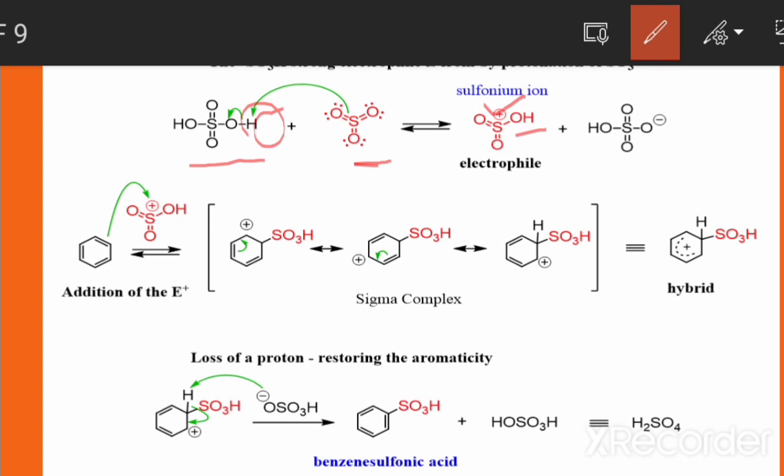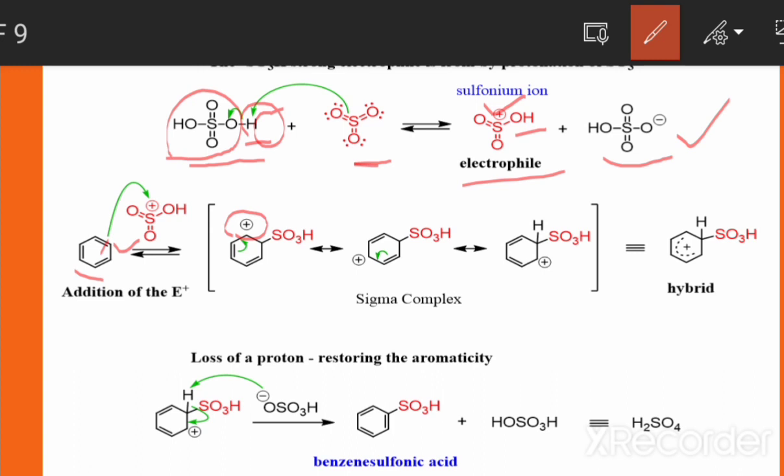When the proton leaves this compound, it will convert into a negative ion, so it will act as a nucleophile. And when this electrophile reacts with the benzene ring, it will form a bond with the carbon atom of the benzene ring, and the pi bond will break, and we convert into an ion that has a positive charge.